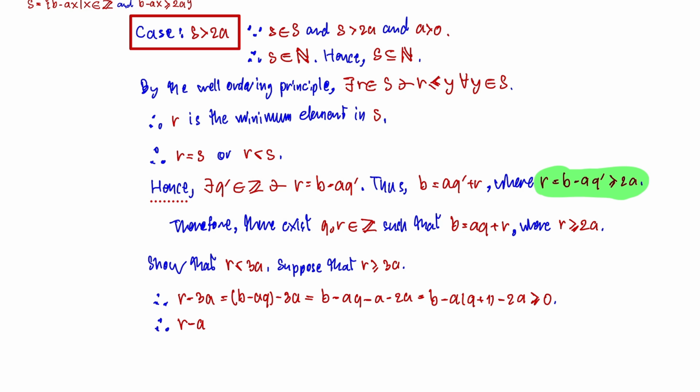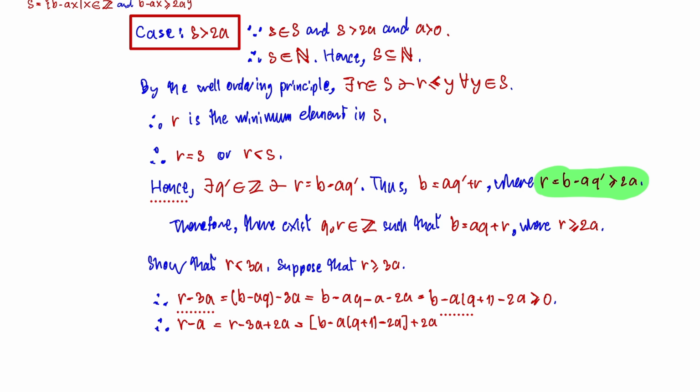Now, let's start with R minus A. So R minus A is R minus 3A plus 2A. And R minus 3A is this term, right? So it's going to be B minus A times Q plus 1, oh, I forgot to have minus 2A, plus 2A.